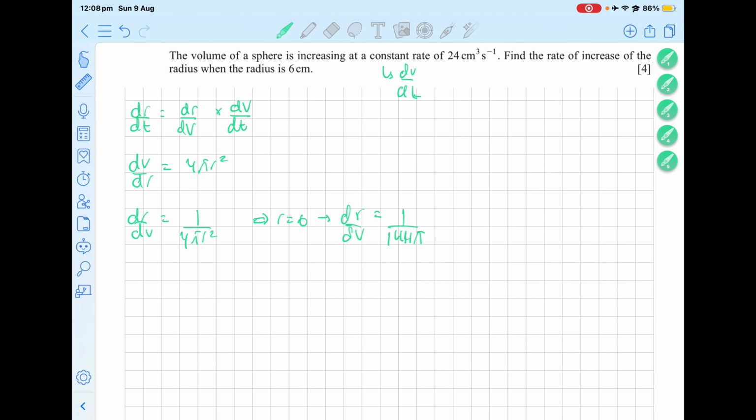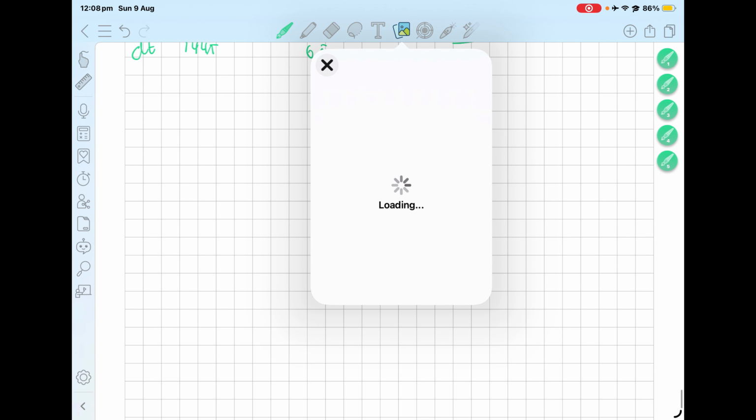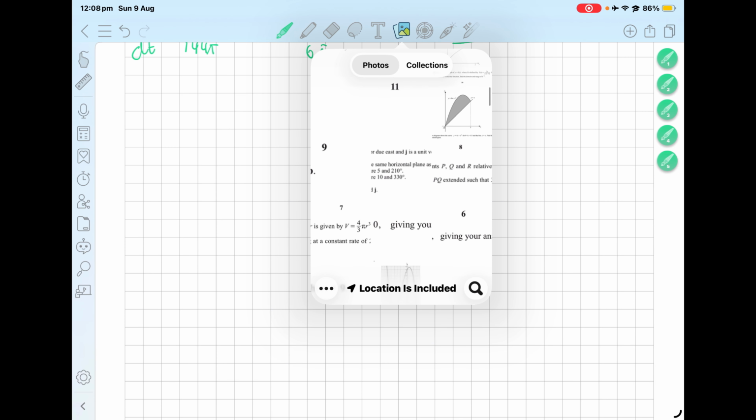So to find dr by dt, it's going to be 1 over 144 pi into 24, which is 24 over 144, which is 1/6, so 1 over 6 pi, which is 0.053, which is our answer for question 5. Okay, then moving on to question 6.